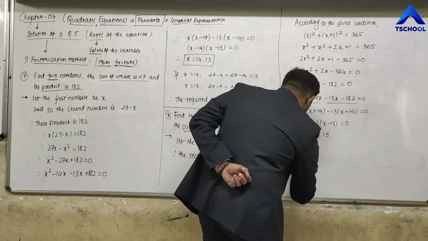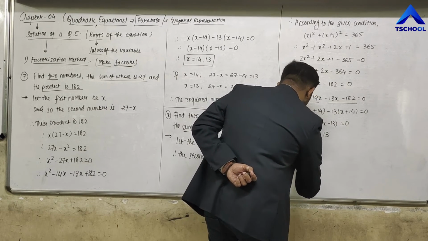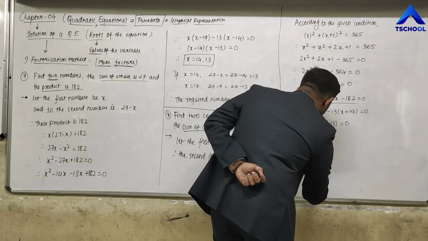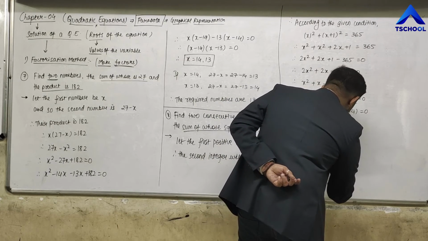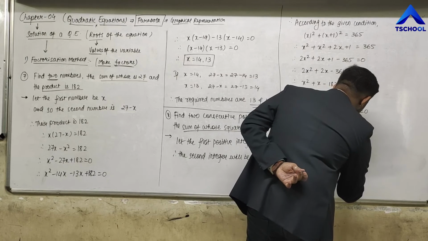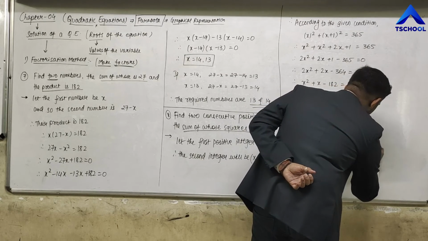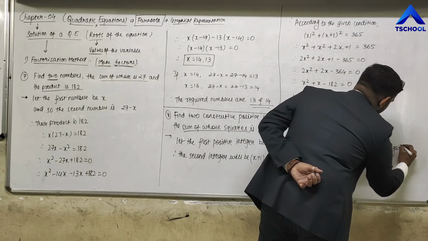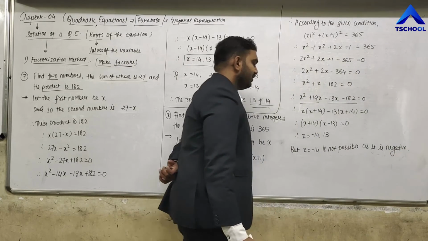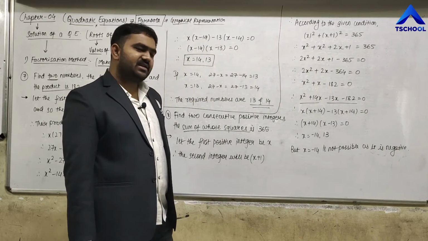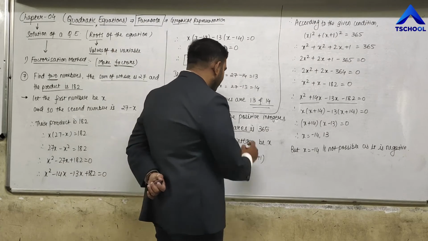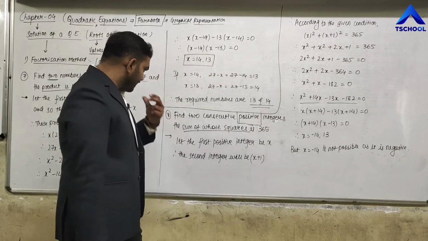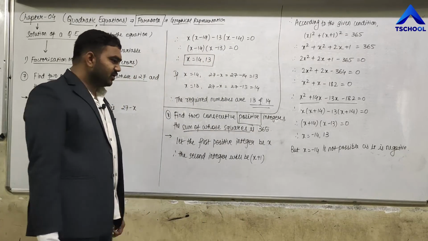But x equals to minus 14 is not possible, as it is negative, right? X equals to minus 14 is not possible, it is negative. Why? Because we only require the positive integers, so that is not possible.